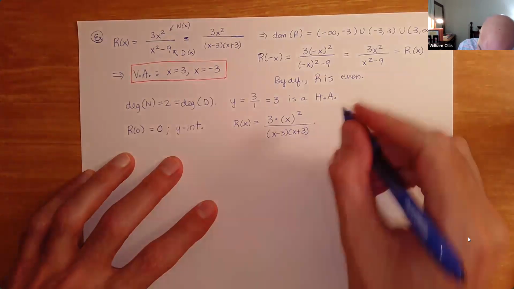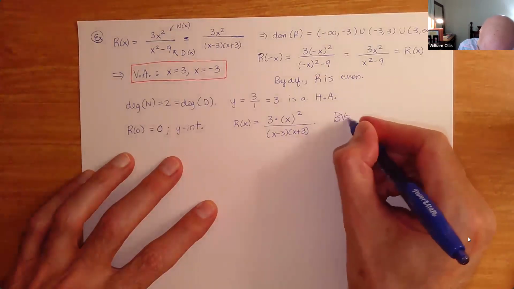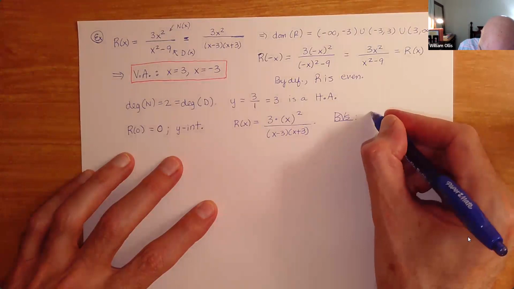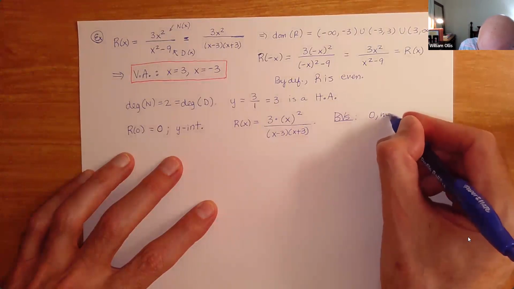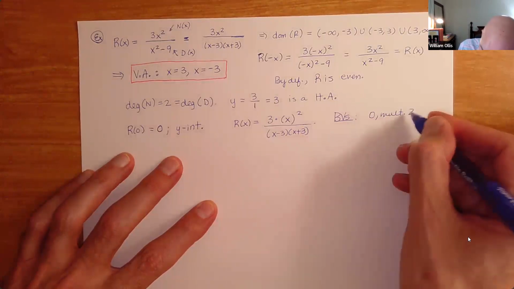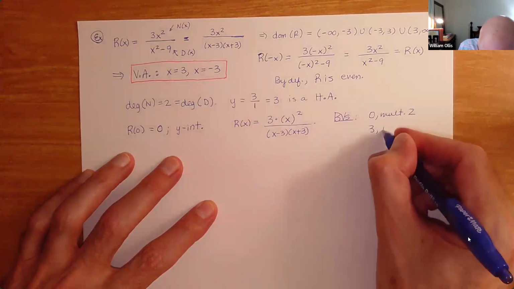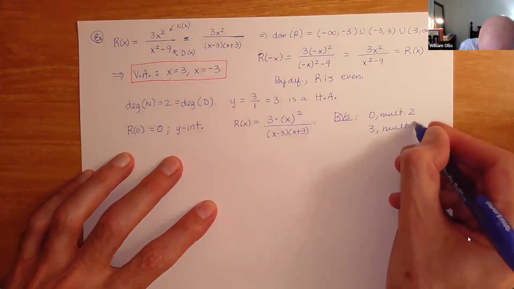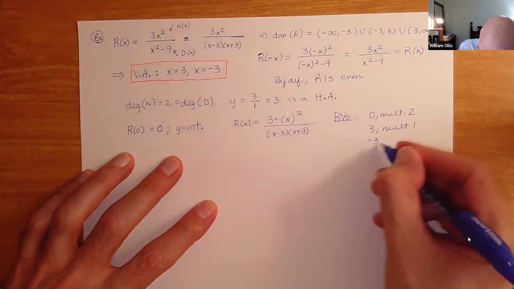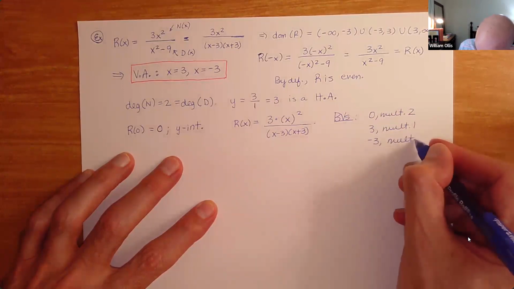So this gives us boundary values, if you will, of 0, which has multiplicity 2. We have 3, which has multiplicity 1. And we have negative 3 that has multiplicity 1.